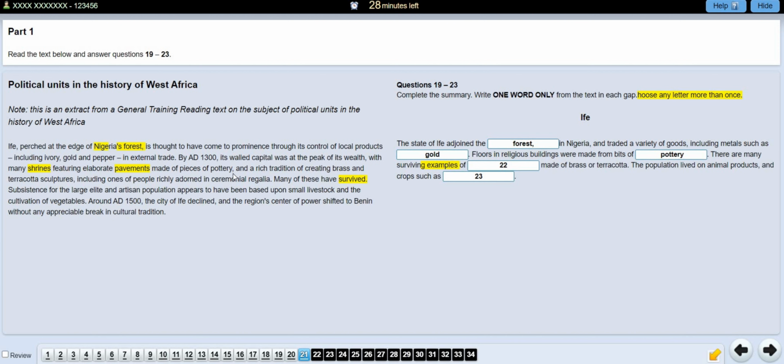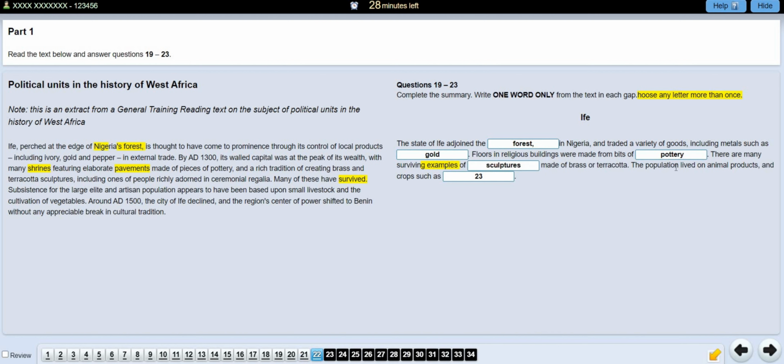What survived? Made from brass and terracotta. There is a rich tradition of creating brass and terracotta sculptures. So these sculptures survived over time because they were made from brass and terracotta.